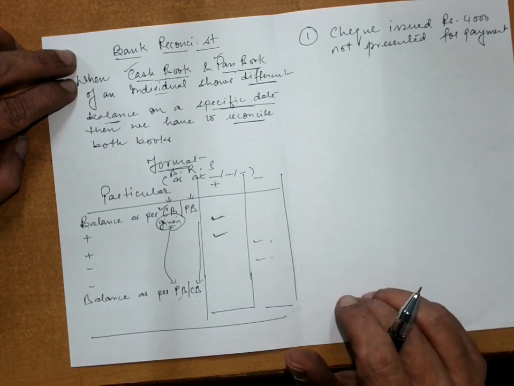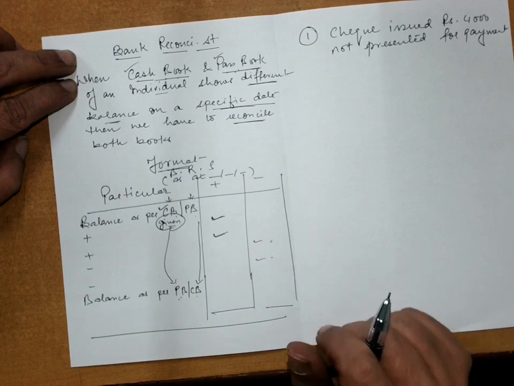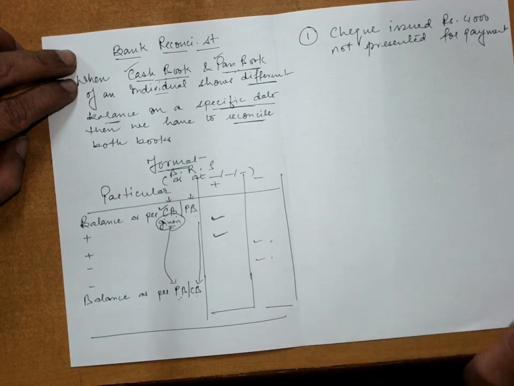I issued a check, and as soon as I issued a check, I am going to show it as my payment. If I am issuing a check to a person, I am going to show it as a payment. But that person to whom check was given never presented that check to the bank. He might be out of station, not well, busy with some other activities, whatever may be the reason. He somehow never presented that check to the bank. So bank didn't make the payment.